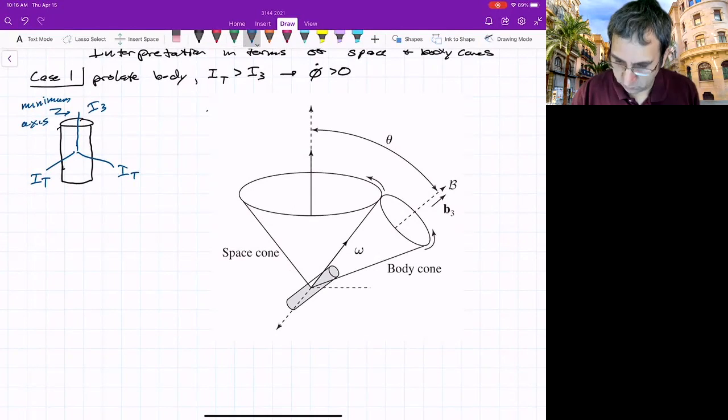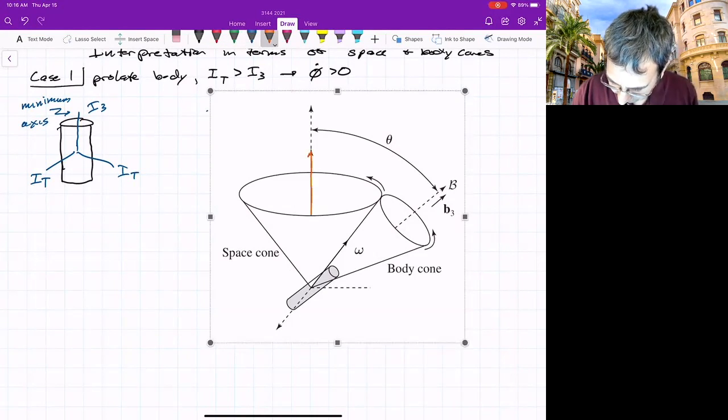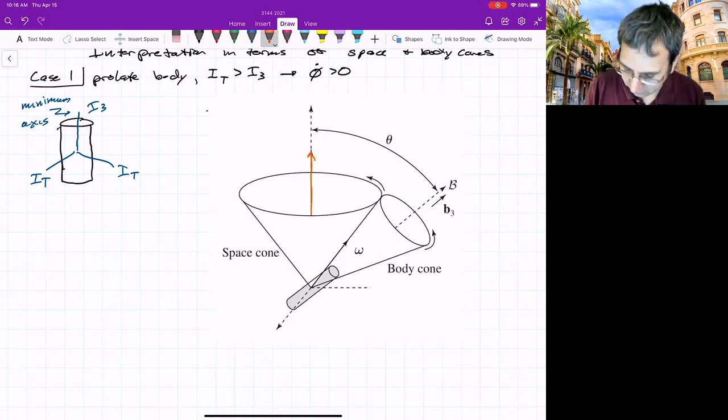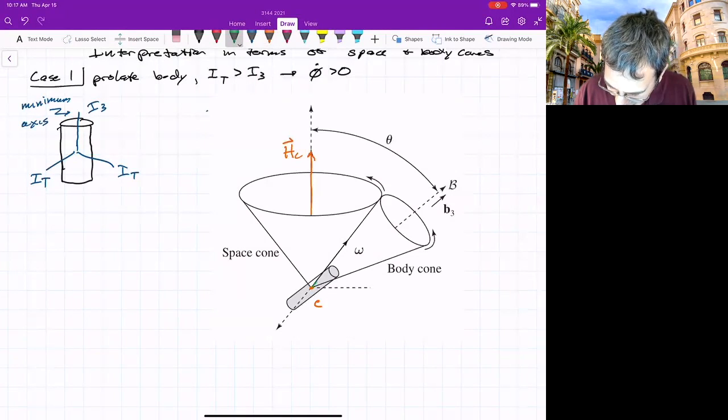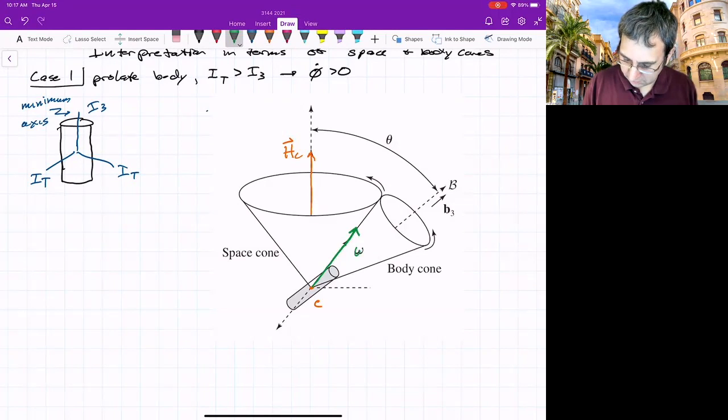What is happening? We've chosen this direction to be this direction. The space cone is centered on the angular momentum direction. So here's our center of mass for this body. We've got the body cone, the space cone and the body cone. It's like they intersect along this omega vector, right? That's the omega vector. And the cones, it's like they're rolling without slipping about one another.